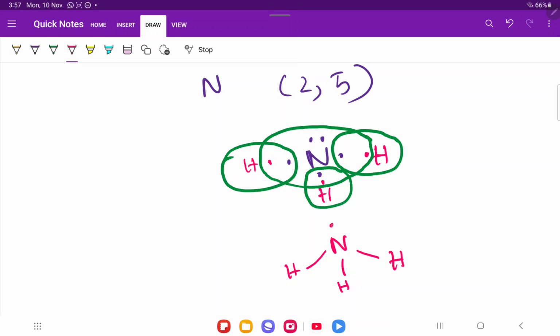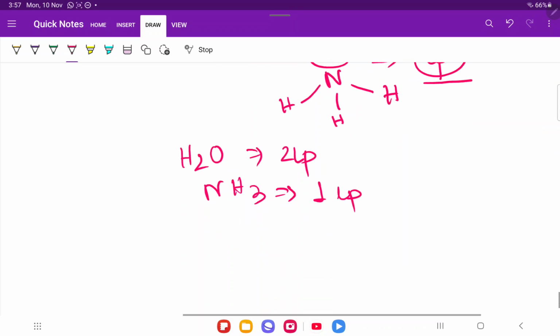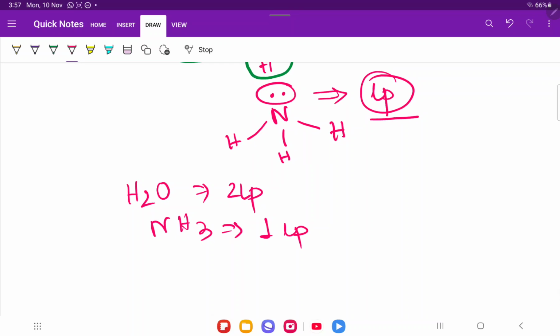As we have already discussed, the electrons which are not participating in the bond formation are called a lone pair. So here this is basically a lone pair. NH3 has 1 lone pair. So water has 2 lone pairs, NH3 has 1 lone pair. So this is the thing.